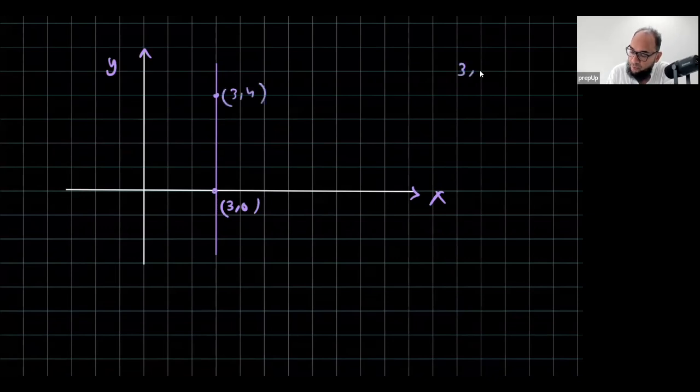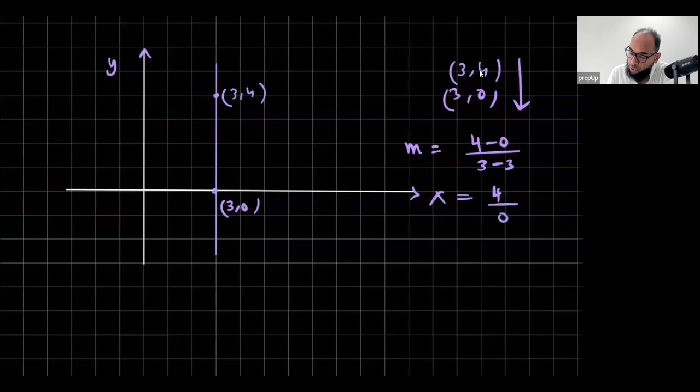Let me find the gradient first, which is 4 minus 0 over 3 minus 3, which is 4 over 0, which is undefined. You cannot divide a number into 0 parts. And we can also use the terminology for our purposes as infinity.